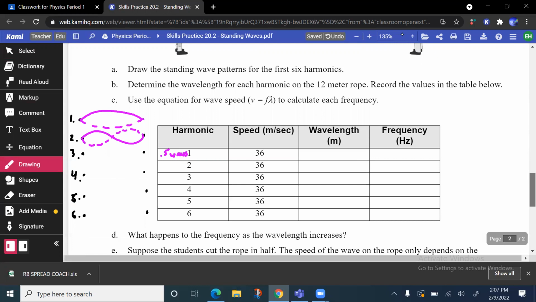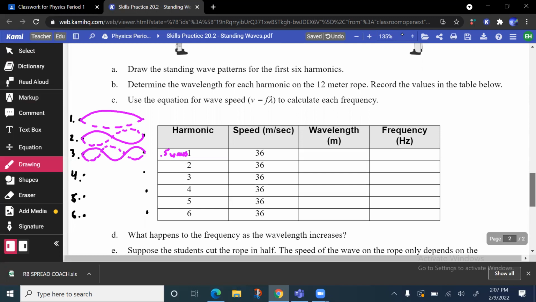Number 3, we're going to create another dot 1/3 of the way and another dot 2/3 of the way, and we're going to go up, down to get the third harmonic. Each antinode should be fairly evenly spaced.